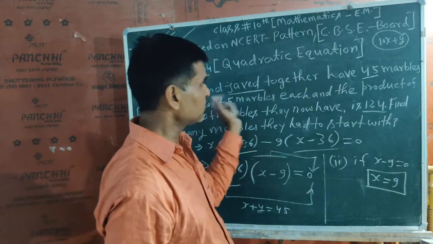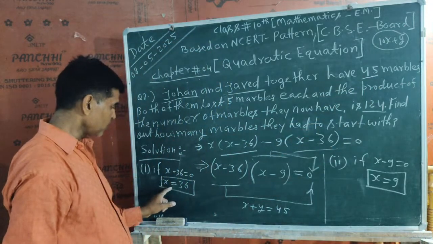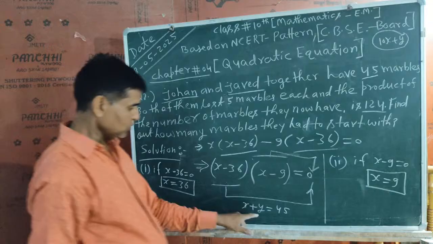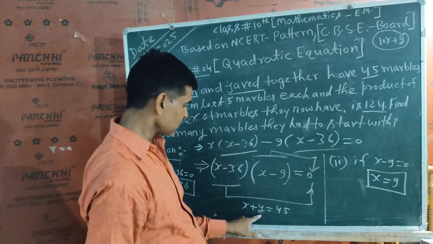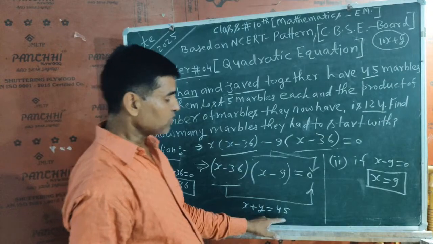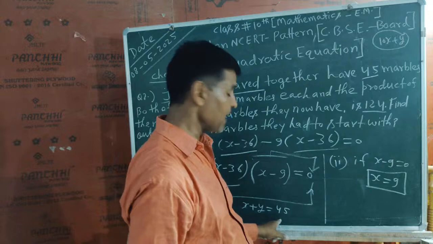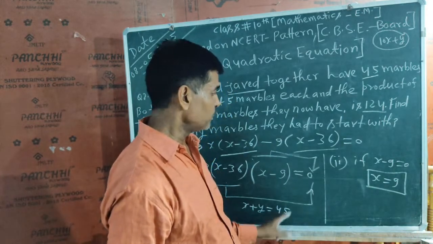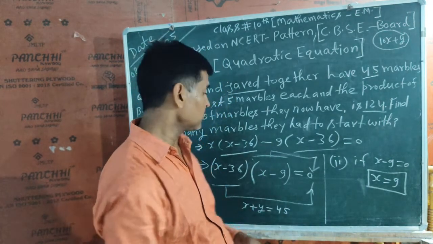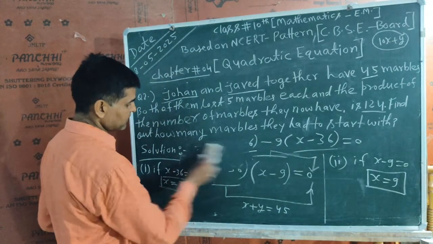The sum of both, student, will be 45. If I take the value of x as 36, I will put 36 here, and corresponding to 36 I will get the value of y, and if I put the value of x as 9, corresponding to 9 I will get another value of y. So there are two conditions, and in both conditions I will get the value of y. So one by one I will explain in detail.